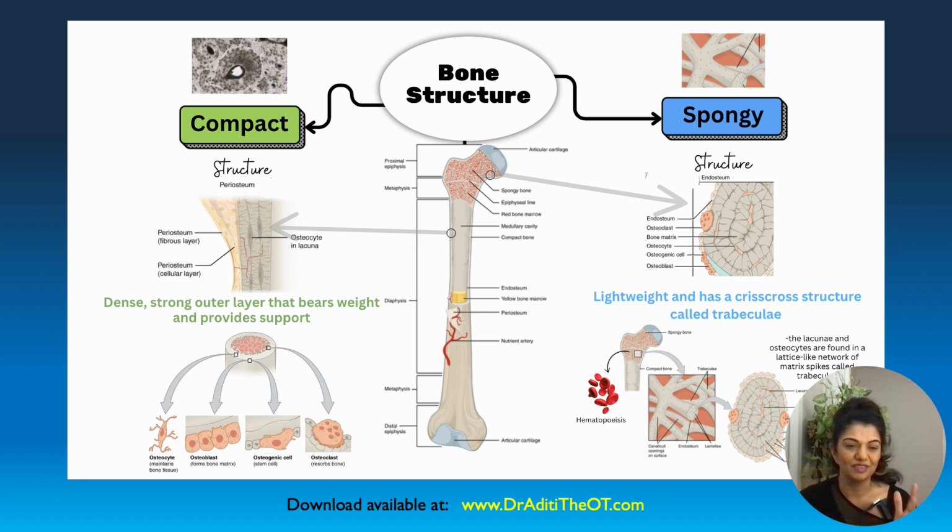And the function: compact is very dense and strong and bears weight, provides support, whereas spongy is lightweight and has this sort of crisscross structure, which gives it that lightness. And then we're also going to talk about bone cells in this mind map and show you exactly where those cells are, where they're located, and what they do. So again, it's a nice little recap and review for you.